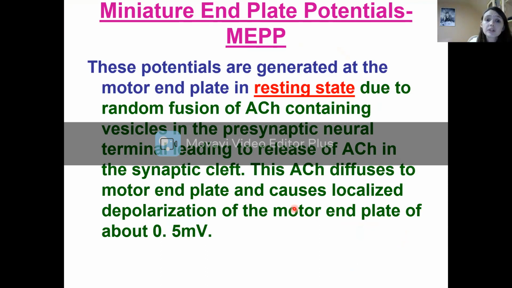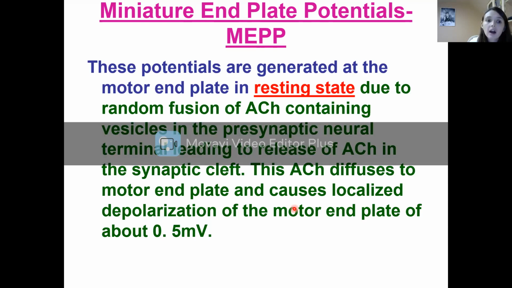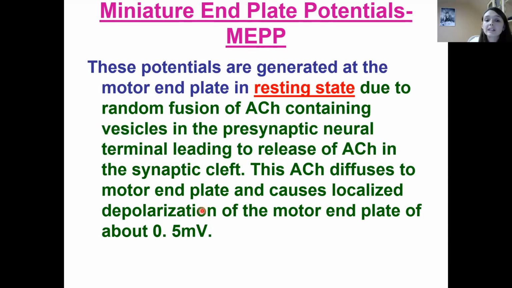In this motor end plate a miniature end plate potential could appear. This potential is generated at the motor end plate in a resting state due to the random fusion of acetylcholine-containing vesicles of the presynaptic neuron. This acetylcholine diffuses to the motor end plate and causes localized depolarization of the motor end plate of about 0.5 millivolts.